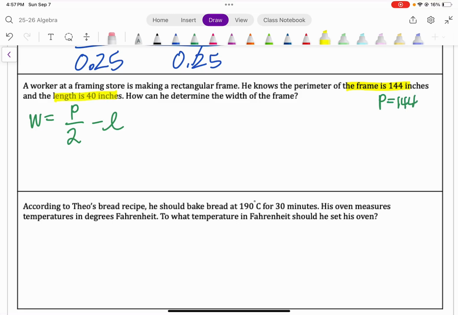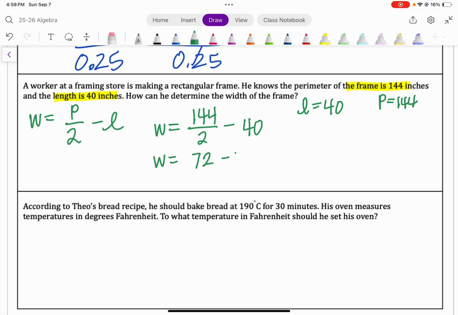And the length is 40. So when I plug those values into the formula, I'm just substituting their numbers. So I'm substituting 144 for P, divided by 2, and the length is 40, so minus 40. So that's 72 minus 40. So the width is 32.